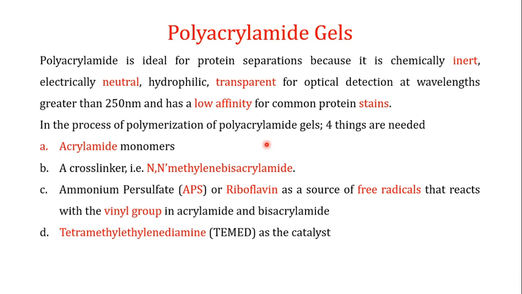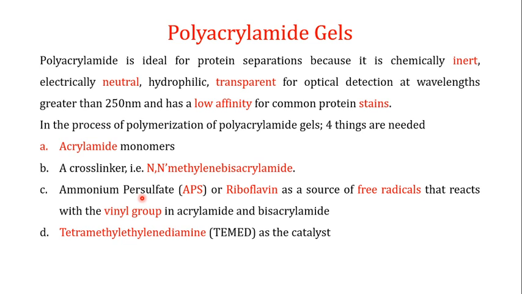Now when you talk about the process of polymerization of polyacrylamide gel, you actually need four things. One, you need the monomers of acrylamide, and you need a cross-linker, which is N,N'-methylene bisacrylamide. So this bisacrylamide is working as a cross-linker, you will see that.